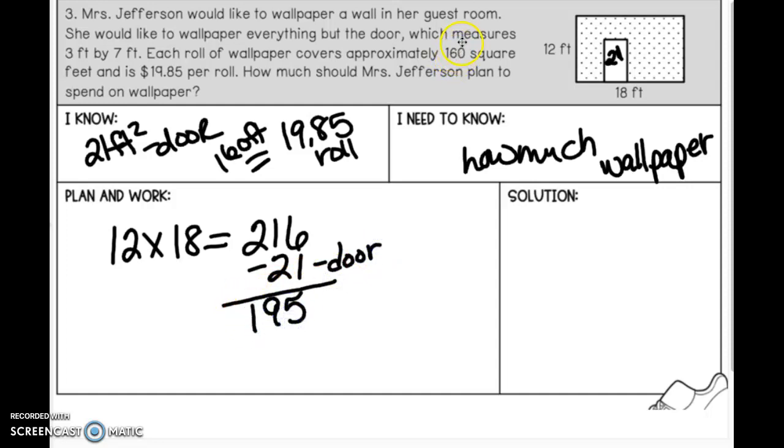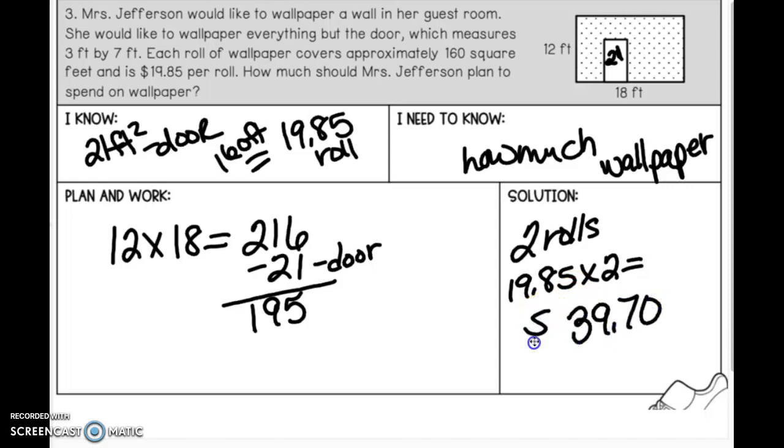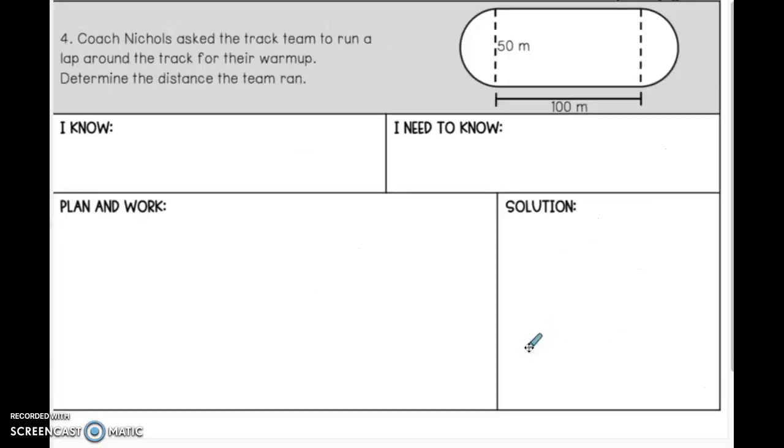So it only covers 160 square feet, so we need to get 2 rolls. Okay, 2 rolls, and each roll is $19.85 each. So $19.85, that was a good year, times 2, $39.70 to paper that room.